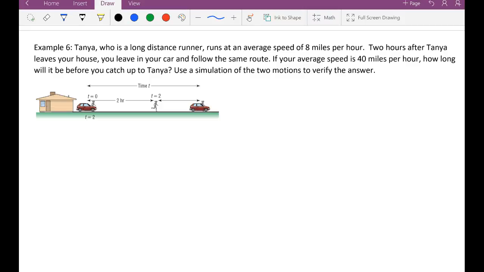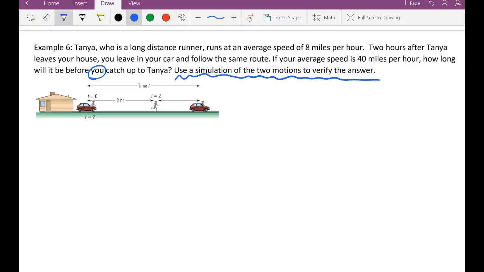If your average speed is 40 miles per hour, how long will it be before you catch up to Tanya? Use a simulation of the two motions to verify your answer. That means at some point I want you to do it in your calculator. That will be on your own because I don't know how to show you this on my Surface Pro using a calculator, so I'll trust that you are doing your part on this piece.